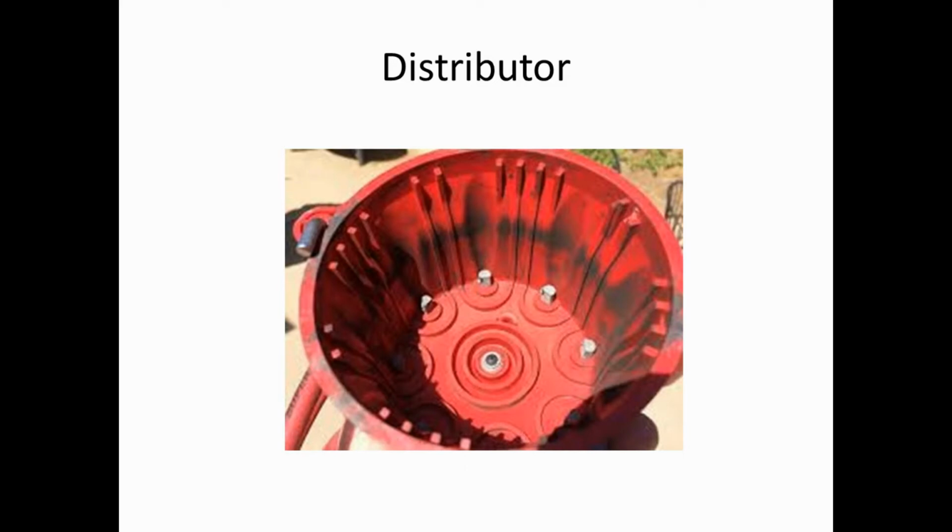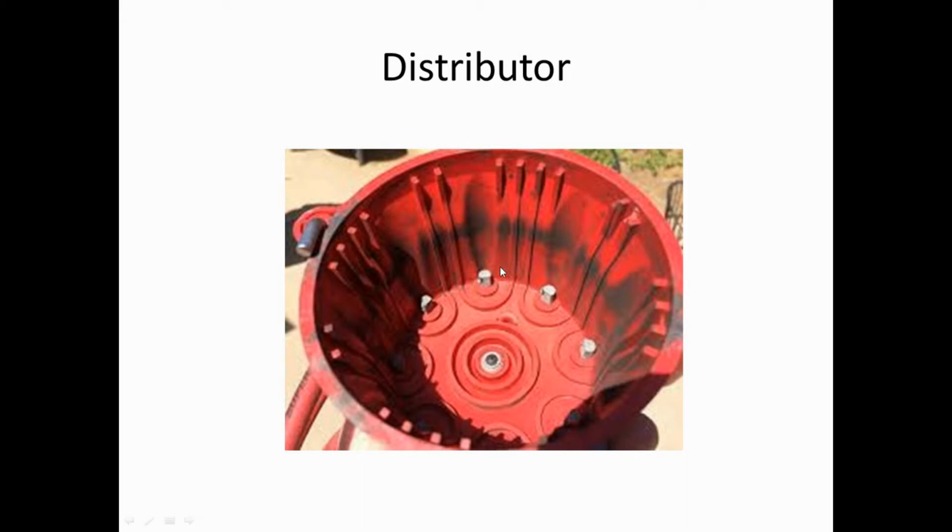So this is a picture of the underside of the distributor cap. As you can see, the center button right here is where the ignition coil goes onto, and when the rotor points to each one of these terminals and the coil fires, the spark will travel from the center button up through the rotor, and it'll jump to one of the terminals. You can see this distributor cap has seen some better days.